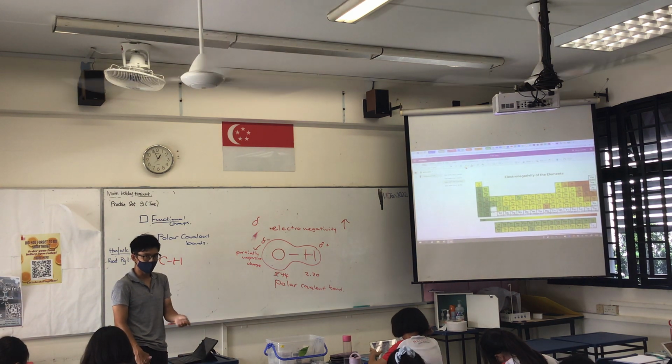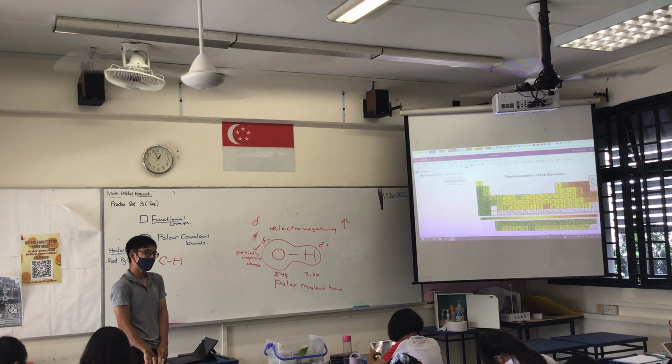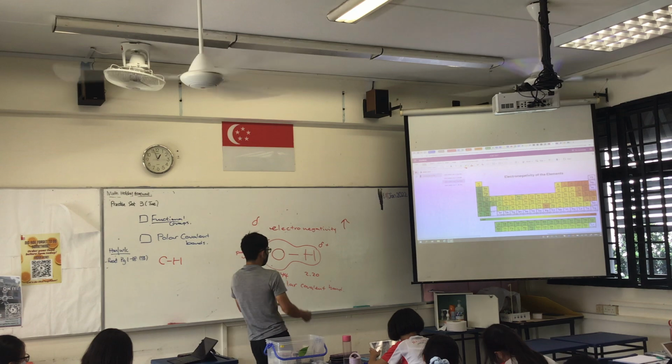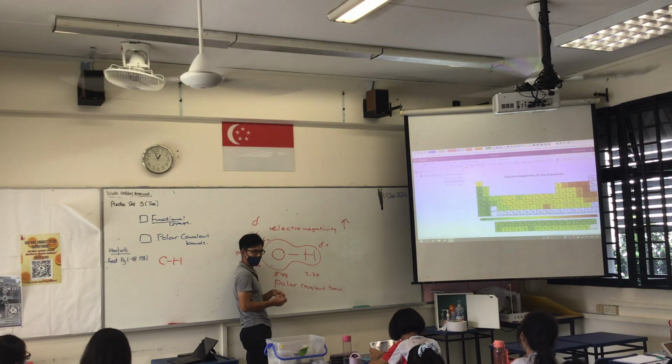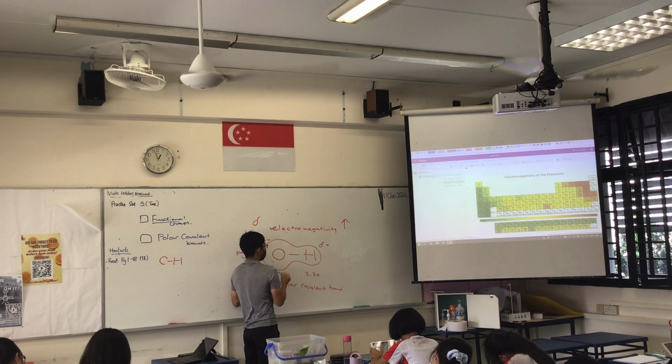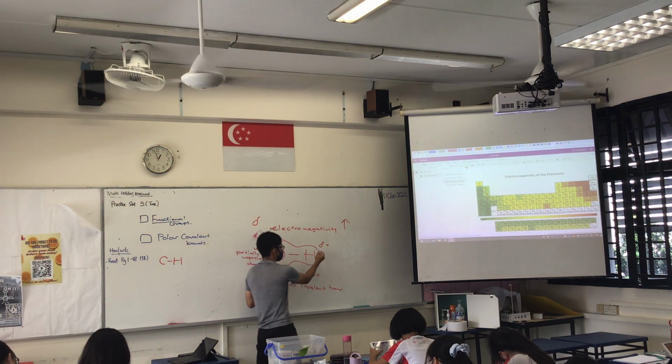You can insert it into your CA. I'd like you now to try it yourself. Can you draw the electron density of the covalent bonds presented to you, as well as label which atom will be partially negative, which will be partially positive?